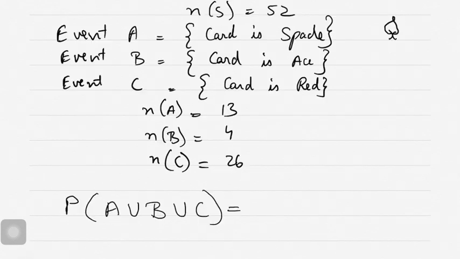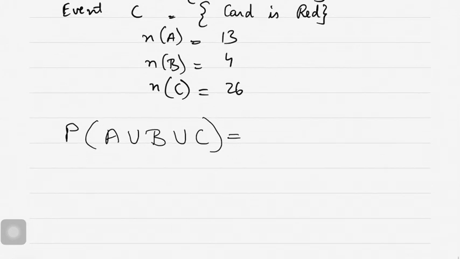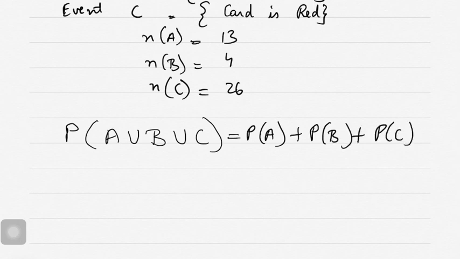In yesterday's video, I explained the formula of A union B union C. So let us write the formula. I hope everybody remembers. Probability of A plus probability of B plus probability of C, and then you have to subtract all the common points.